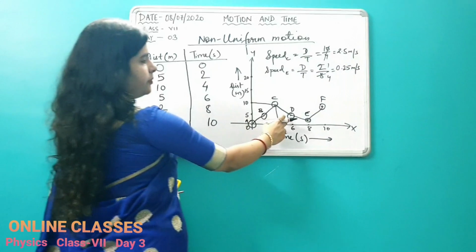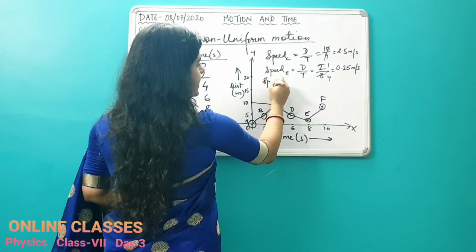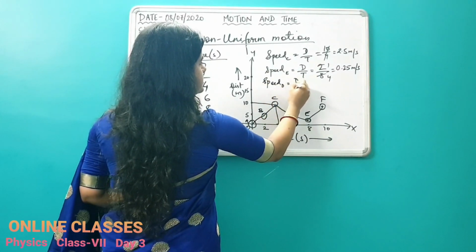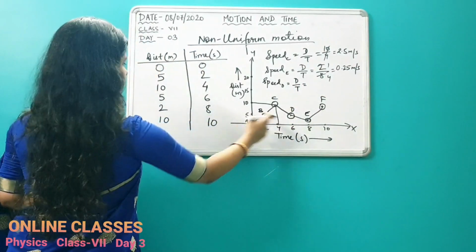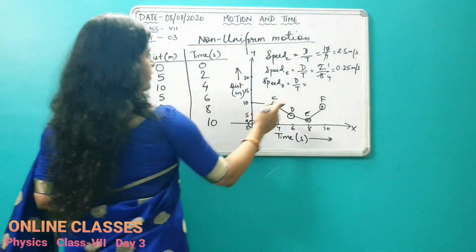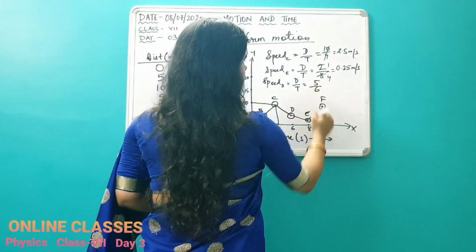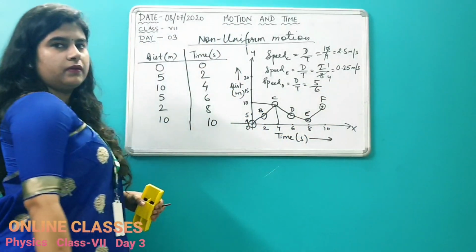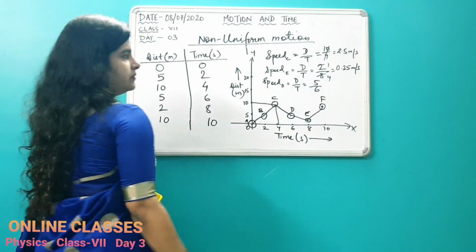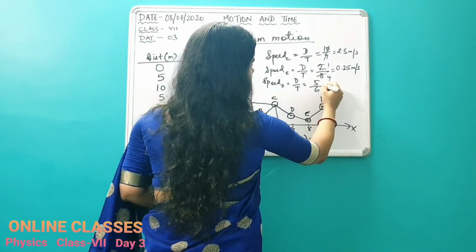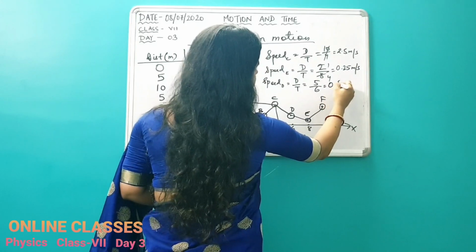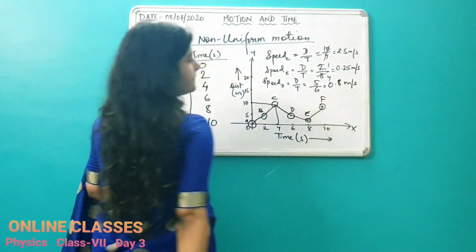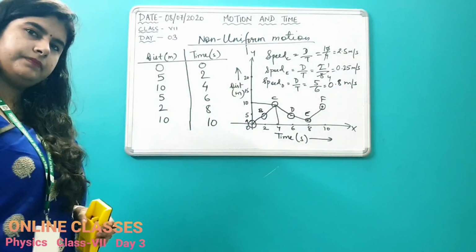Okay, this point we have calculated. Let us take another point, supposing speed at point D. Again, distance by time. Point D, 5. Time is 6. So 5 by 6, something around 0.8 meter per second approximately.